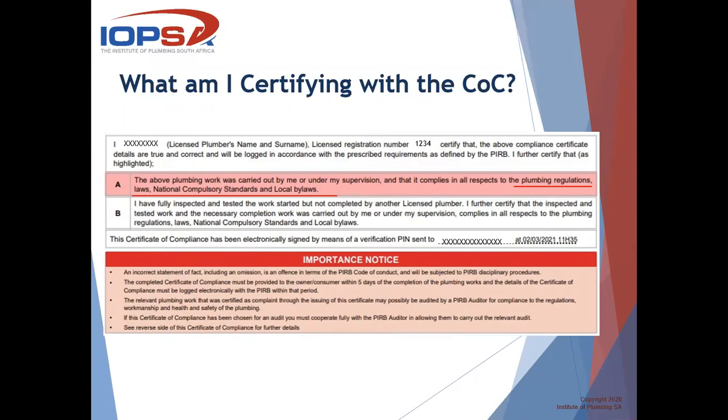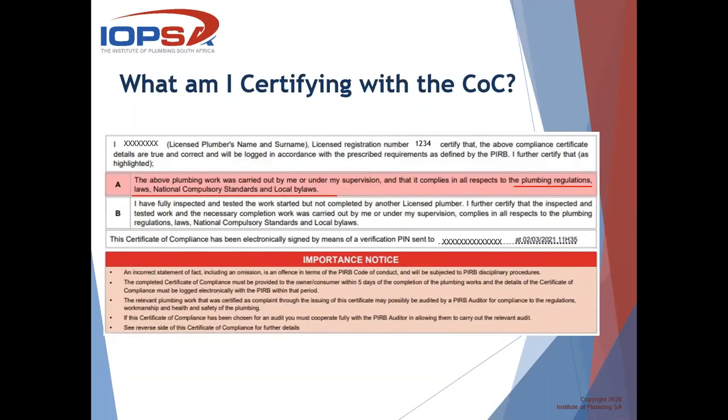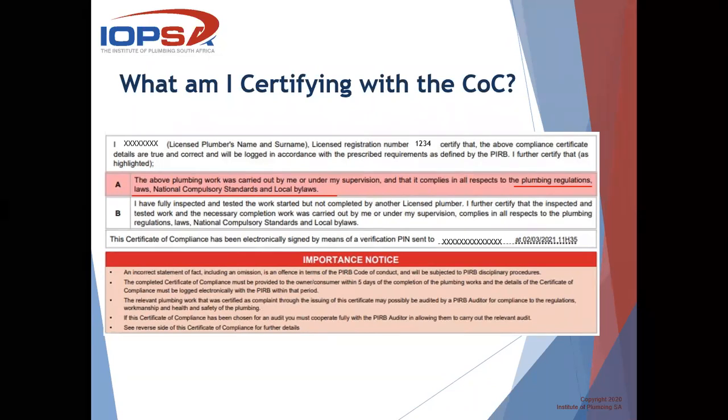And then it says, I further certify that in this instance, the above plumbing work was carried out by me or under my supervision, that it complies in all respect to the plumbing regulations, laws, national compulsory standards, and local bylaws. So I think one needs to take care, and one needs to ensure that your installation fully complies before you put your hand to paper.